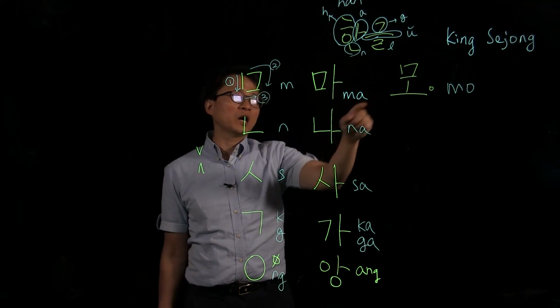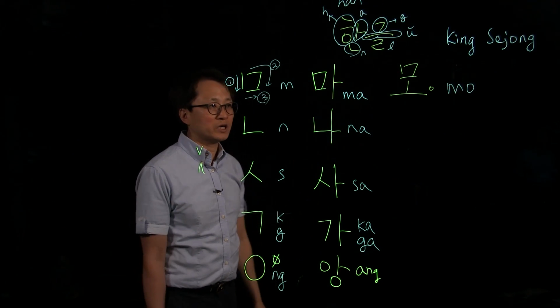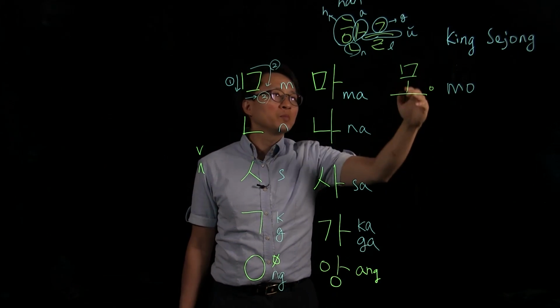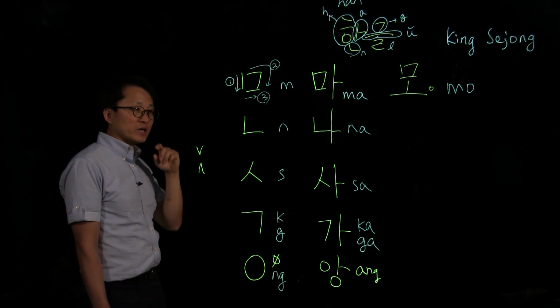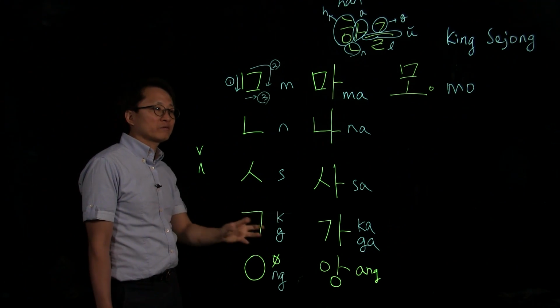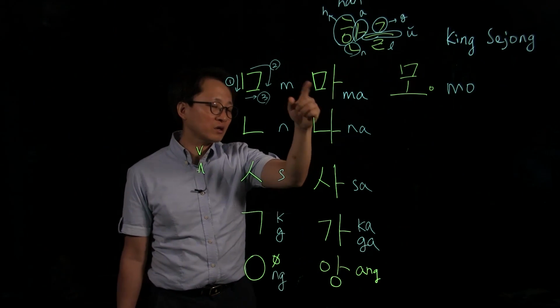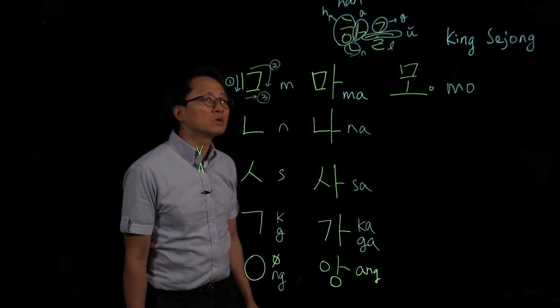So in the first syllable, I wrote this ah on the right side of this consonant, right? But in this case, I put this O sound below this consonant. Why did I do that? Can you guess what kind of vowels go on the right side of a consonant and which ones go below?